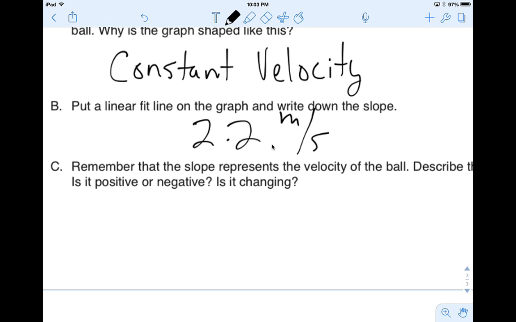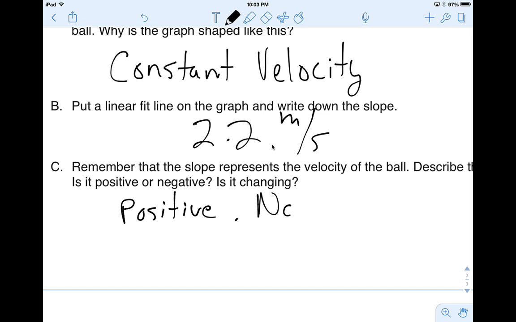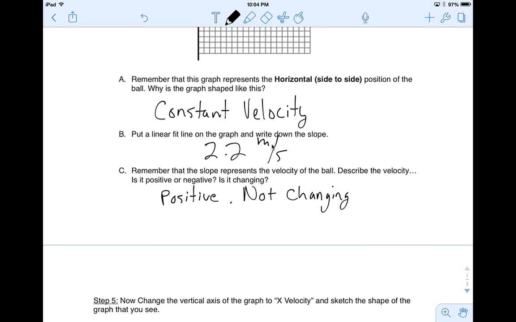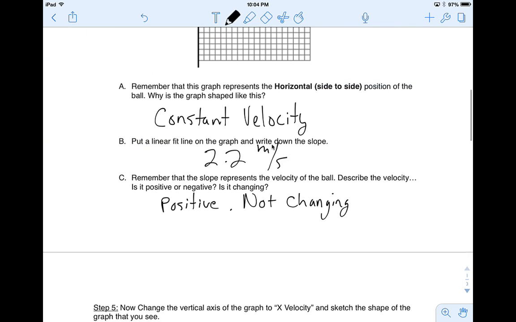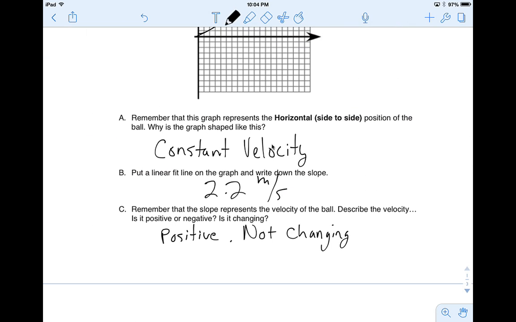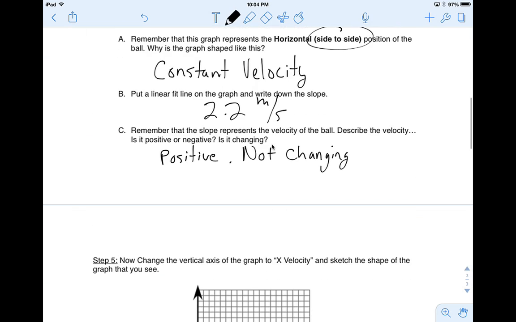Describe the velocity. So velocity is positive, and it's also not changing. That fits right in with that motion diagram that we just drew, that the velocity isn't changing from side to side. And remember that this is my side-to-side motion here.